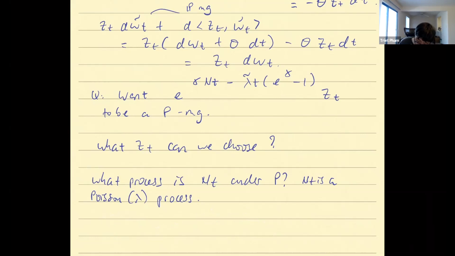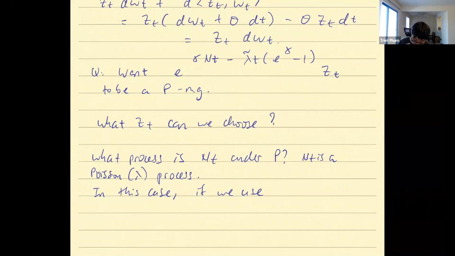It turns out that in this case, if we use Zt to be e to the (lambda minus lambda tilde) times t, times (lambda tilde over lambda) raised to Nt, okay?